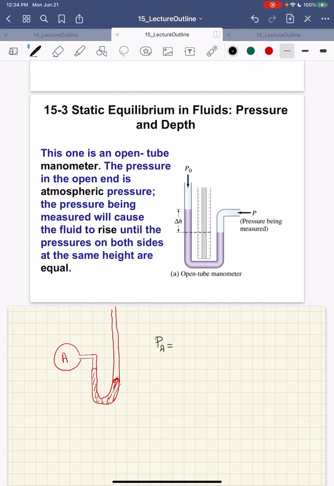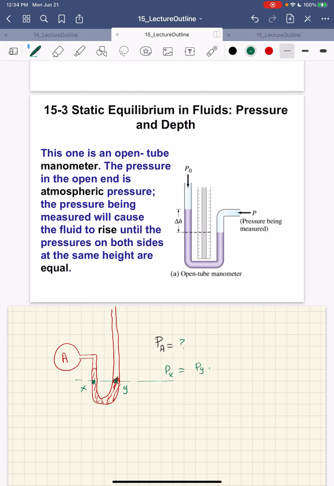We know that the pressure at 2 points at the same level is equal. Let's say here X and Y. Then Px equals Py. Now Py is the atmospheric pressure.